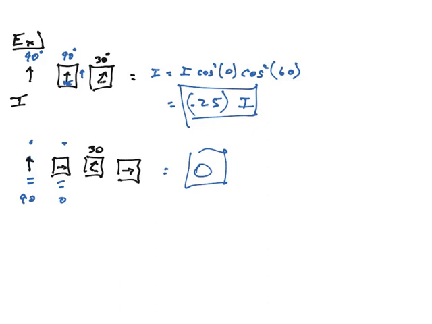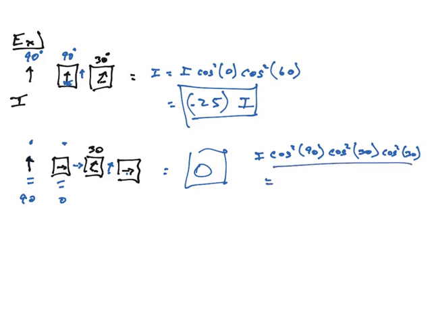Now, if I wanted to do this formally mathematical, I'd say, well, it's I times the cosine squared of, I'm going from 90 to 0, so 90 minus 0 is 90. Then the next one, I'm now at 0. I'm trying to go from 0 to 30, which is 30. Then I have a next one. So now I'm at 30. I'm trying to go from 30 to 0. That's 30 again.